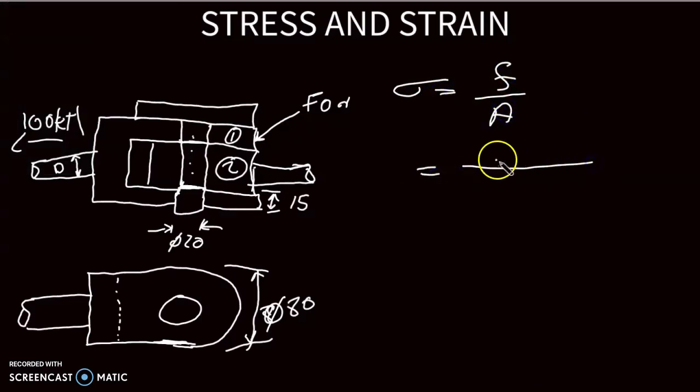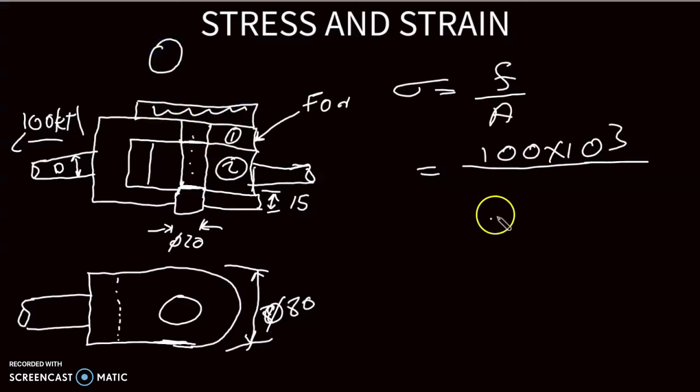The force we already know, it's 100 times 10 to the power 3. What is the area? Looking from the top, the pin is round. So its area will be pi divided by 4 times its diameter, which is 20, so 0.02 squared.